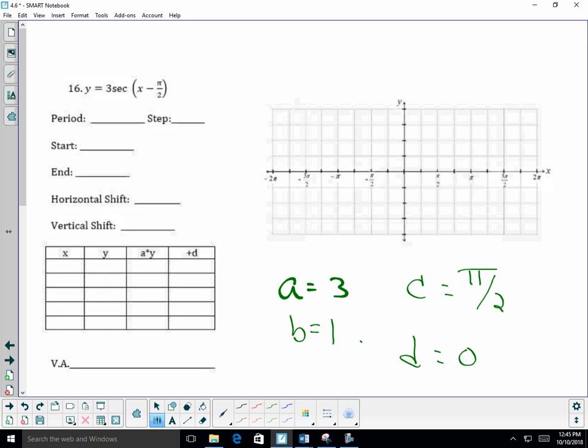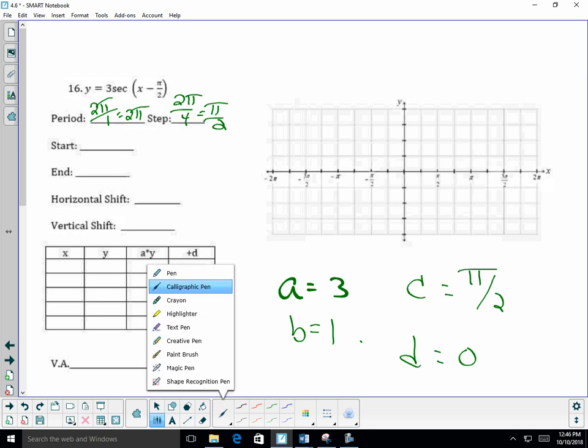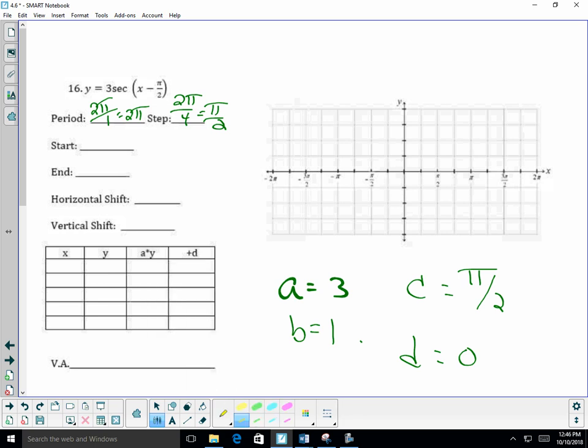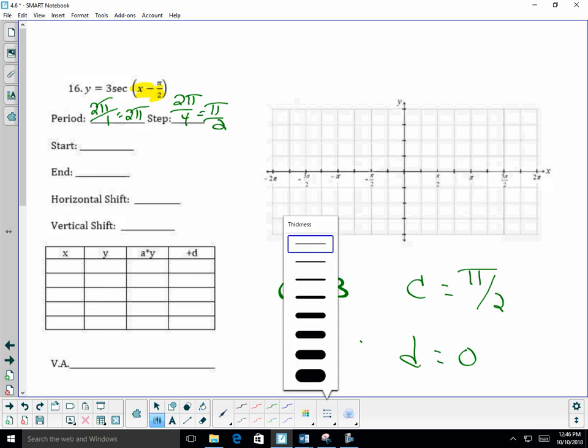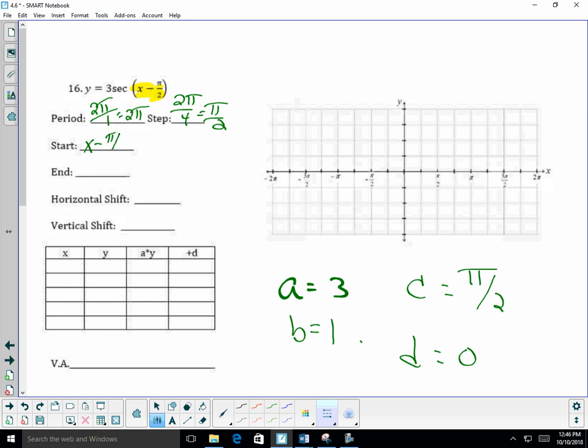So to find my period, I'm going to take 2 pi and divide it by b, which is 1, so I end up with 2 pi. To find my step, I take that 2 pi and divide it by 4, and I end up with pi over 2. To find my start, I take whatever is inside that parenthesis and set that equal to 0. So x minus pi over 2 is equal to 0.